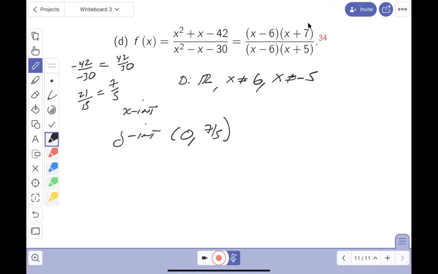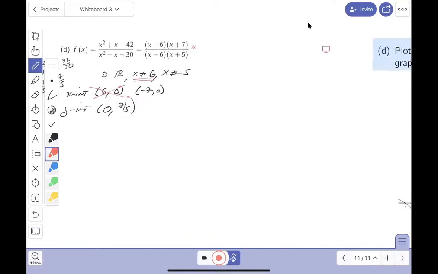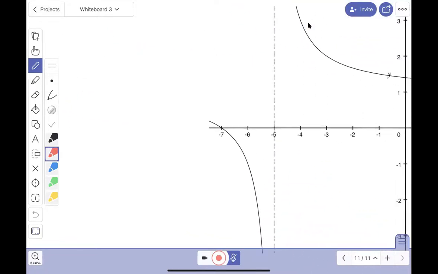All right. Let's do the x-intercepts. Well, when does the top become 0? 6, 0. The other one will be -7, 0. I have to tell you, though, this is a common error people have. They don't really think it couldn't be 6. And I'll tell you why. Division by 0. I can't have 6 in the problem. So I got 2 lousy points. Let me go to my graph and see if I see those lousy points. So -7, 0.